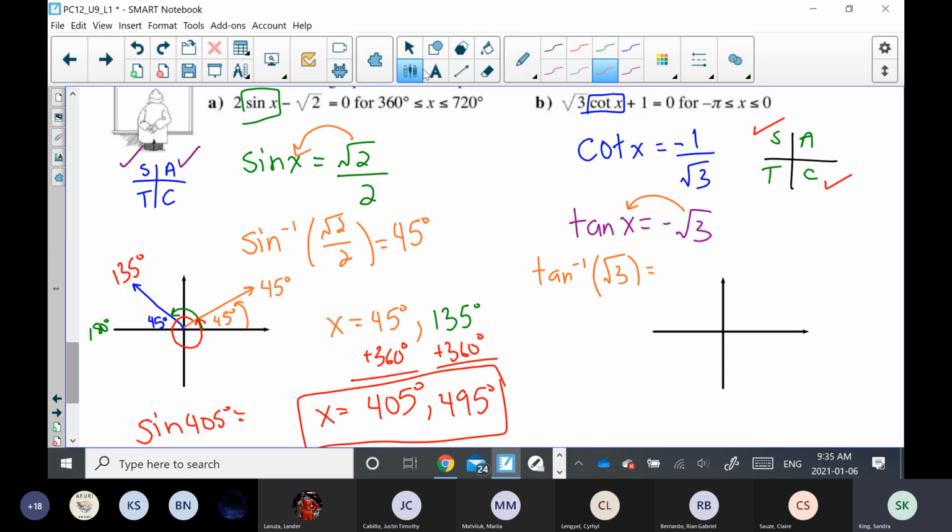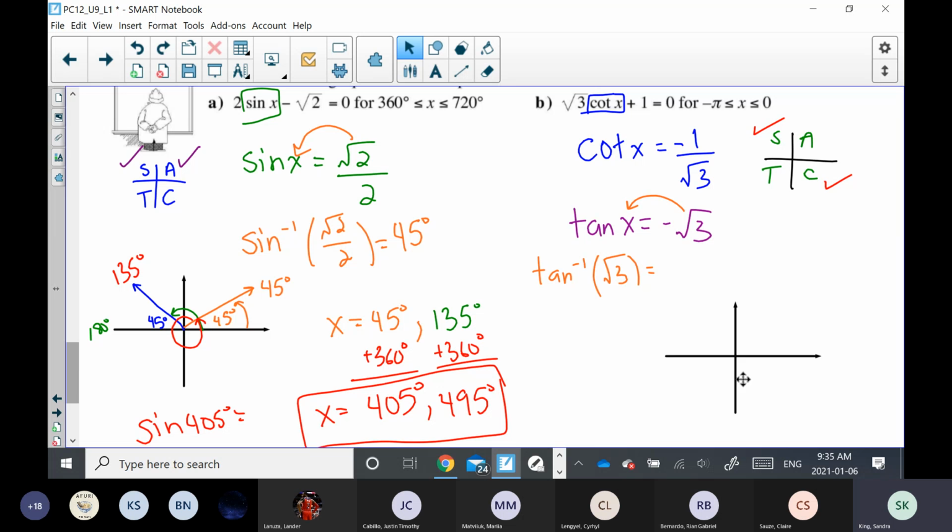So I want everybody to type that into your calculators and then get the exact pi radians. So divide your answer by pi and then math 1 fraction that. Kyle, when you have that done, make sure everybody's changed their answer into radians because this needs to be in radians. Kyle, when you have the reference angle, could you let me know what you get?